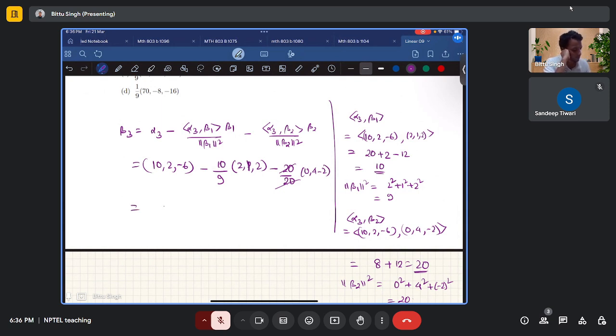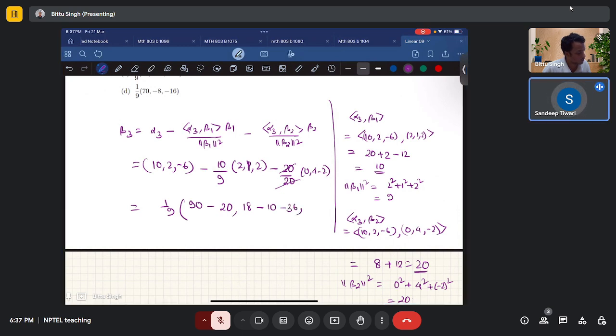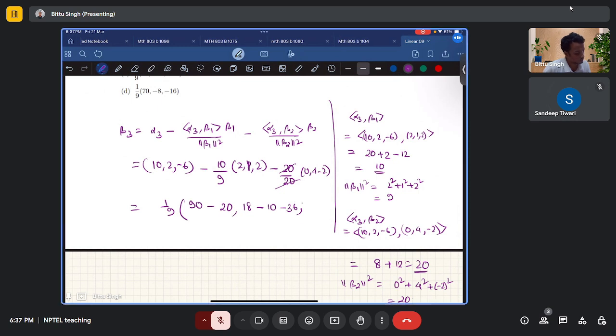So this is 10, 2, minus 6. Let me take the LCM, taking 1 by 9 common, so it is 90 minus 20 and minus 0, then 18 minus 10 and then minus 36.